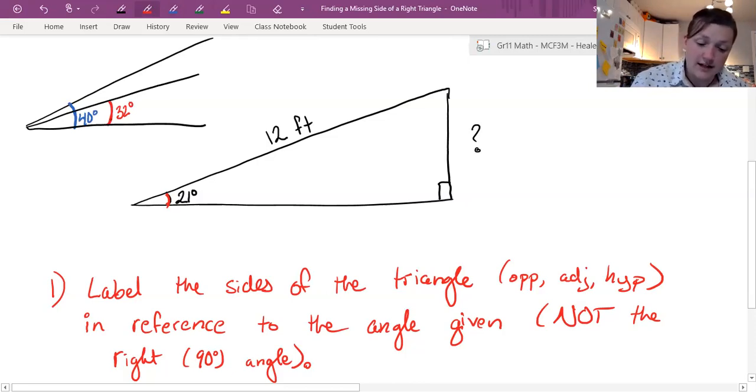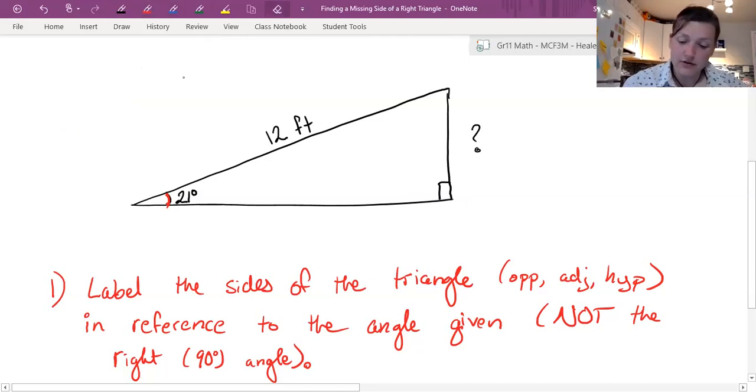So that explains that symbol. We still haven't done the first step: label the sides of the triangle as opposite, adjacent, hypotenuse in reference to the angle given, not the right angle. So they gave us this 21 degree angle. And remember, the hypotenuse is always, always, always the one across from the right angle. It's the longest side. So that's definitely the hypotenuse.